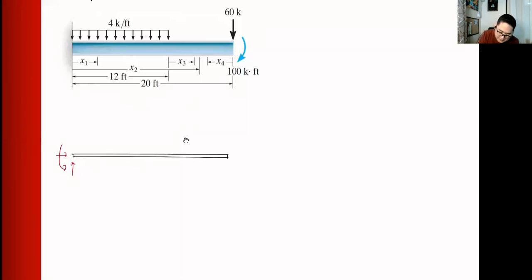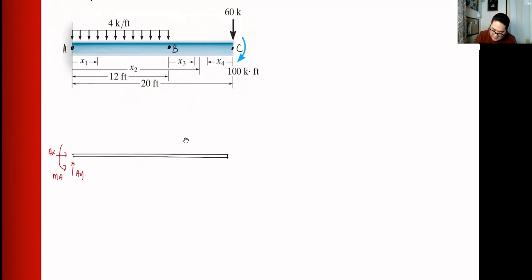So lagyan natin ng points. Tawag ko itong point A, point B, tsaka point C. Okay? So this will be AY, AX, tsaka moment at A. Then we have point C, so wala naman yan. So kasunod natin is yung ECL natin.